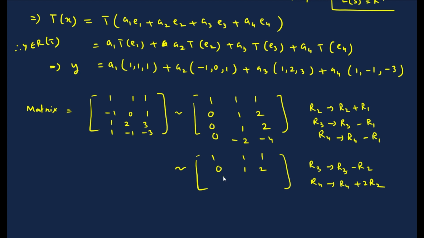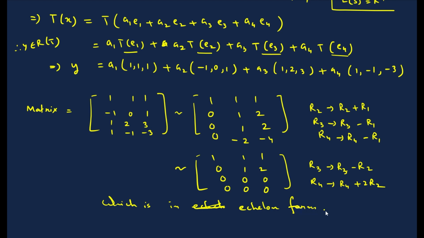If you do this, you'll see that all these elements become 0, 0, 0. Actually we have 4 elements, but when you calculate, 2 elements vanish, so you'll have only 2 elements and the other 2 are 0. This is in echelon form.